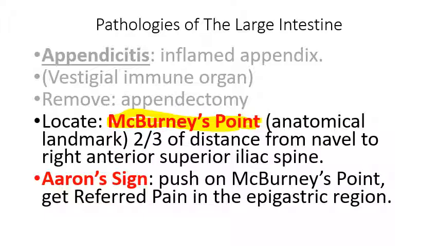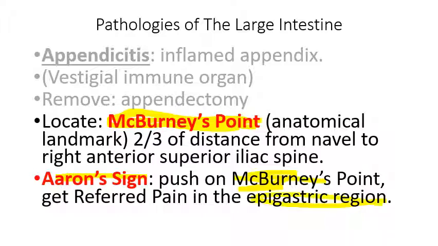And so that's, if you draw a line between the navel, the belly button, and the right anterior superior iliac spine, 2/3 of the distance from the navel to the spine is McBurney's point. And if you cut in that area, you'll be right above the appendix. Now, if you push on McBurney's point, you will cause referred pain in the epigastric region.